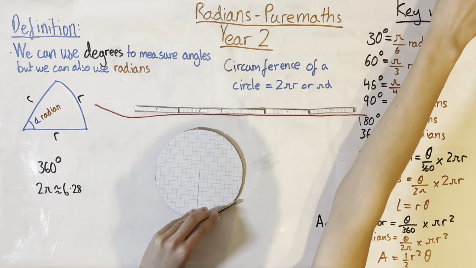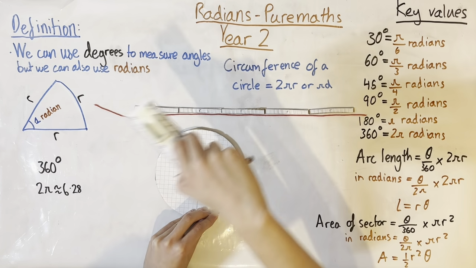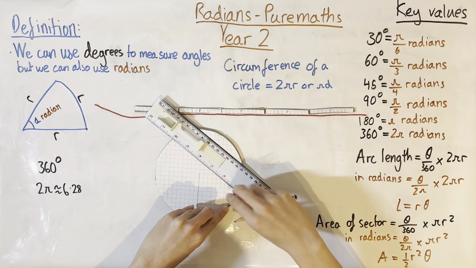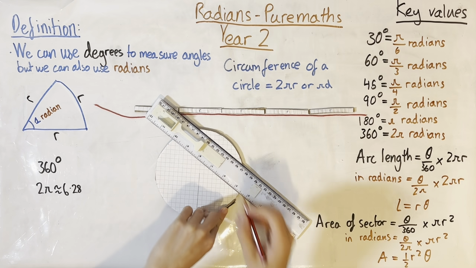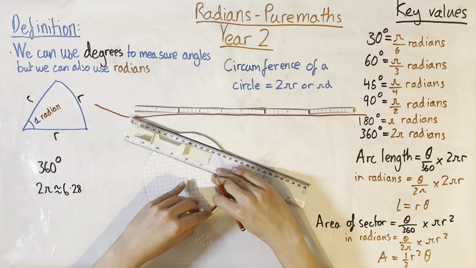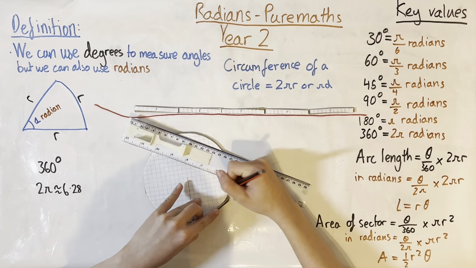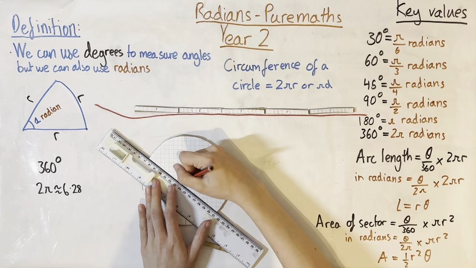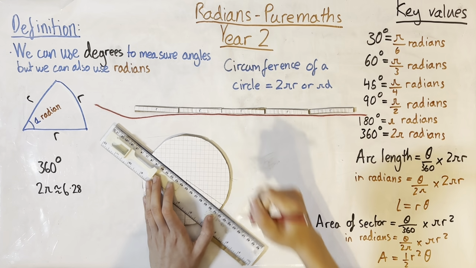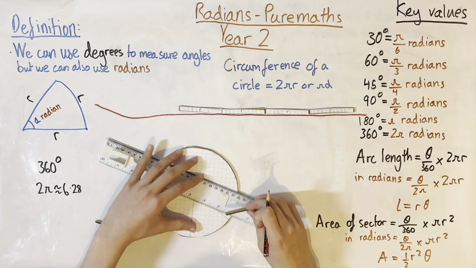and if we get a pen and a ruler, what we can do is draw a line from where this radius starts. So this radius starts here, and if we bend it around the circle, it ends about here. And we draw a line from here to the center, and then we do another radius.